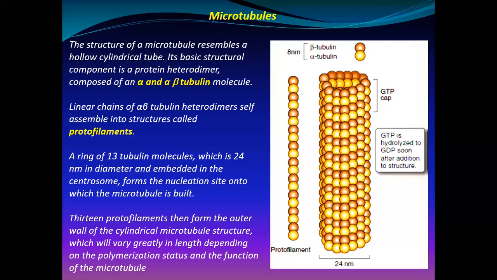You can see a light yellow color and then a dark brown color. It's a dimer. All these dimers together form a polymer, isn't it? That is alpha and beta tubulin. And then you get a filament structure. That filament is named protofilament.